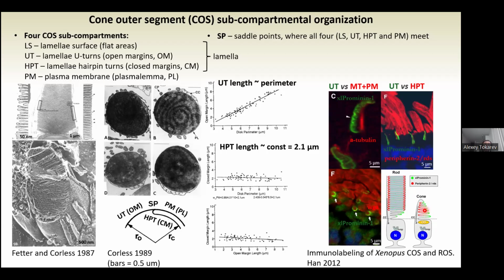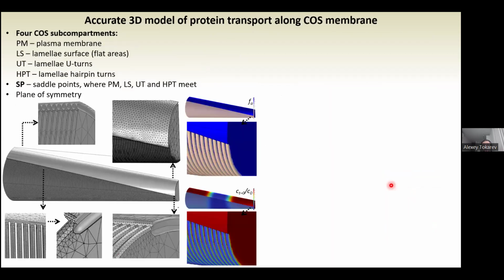So we know the geometry, the molecular bodies of the geometry, and we roughly know the concentration of rhodopsin in different parts of this structure. So we construct a mathematical model of this system.